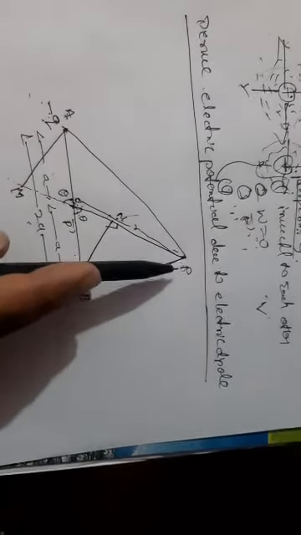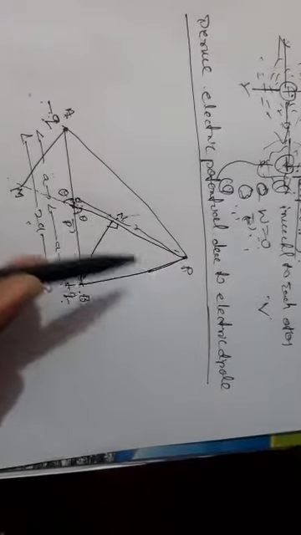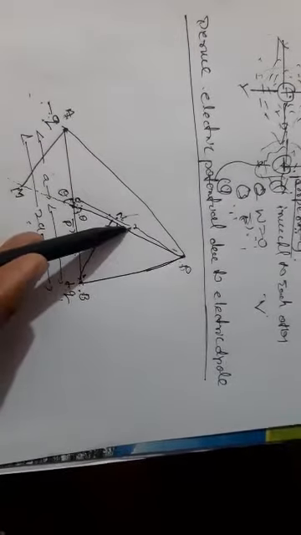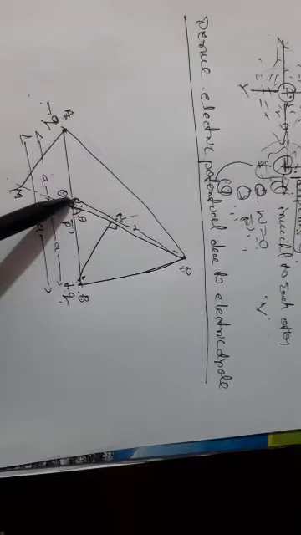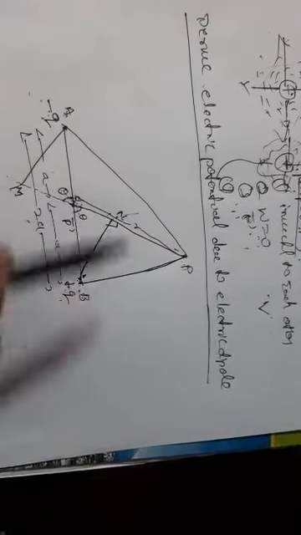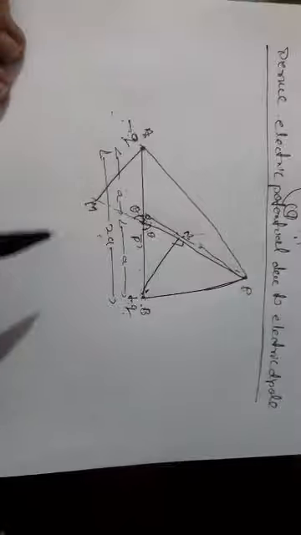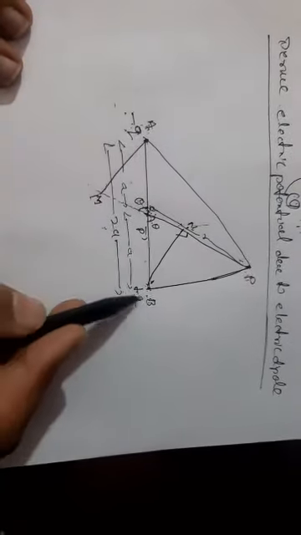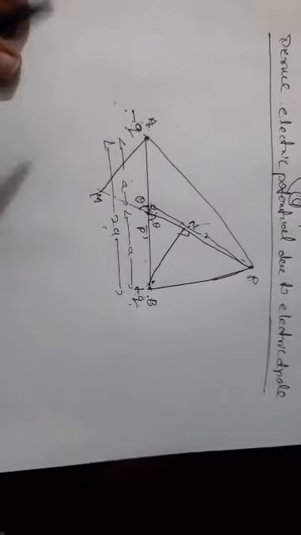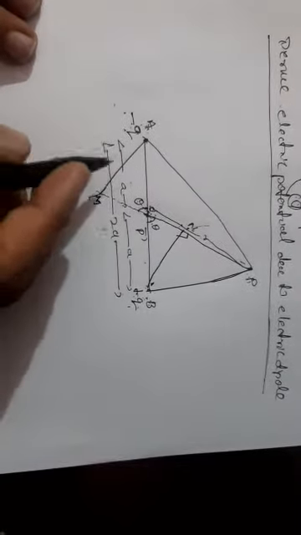P is a point at a distance small r from O, and theta is the angle with the dipole axis. First, find the electric potential due to the negative charge and due to the positive charge. What is the equation?